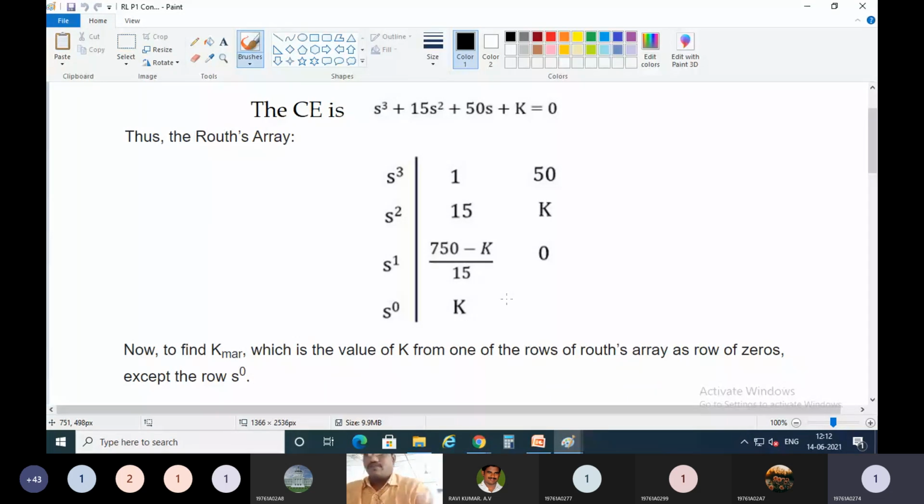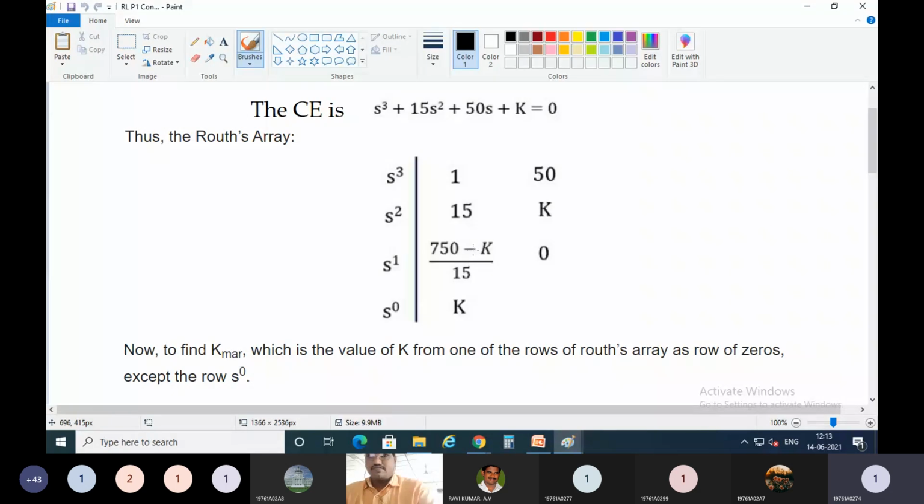In order to get the S to the power of 1 row as all zeros, what K value should we take? Let us take 750.